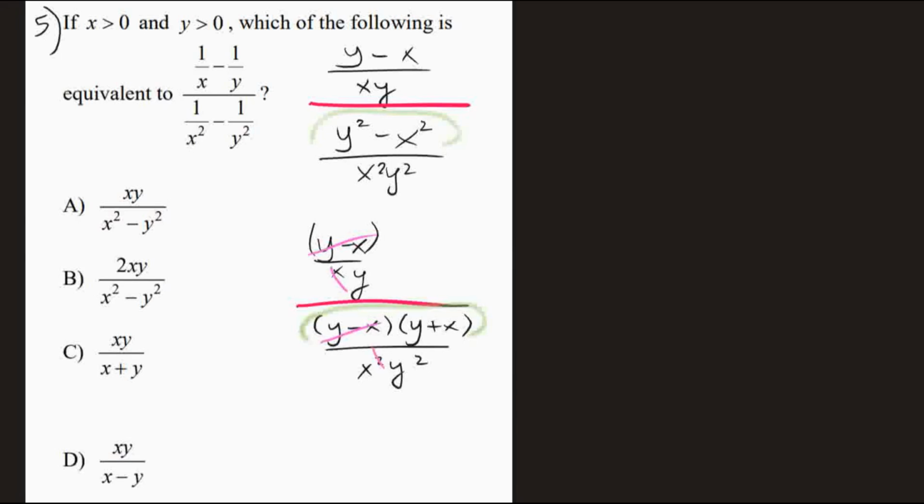So y and y squared cancel out into y only in here. So now we have nothing left at the top, so 1 over y minus x, y plus x over xy. Now we continue this one here.